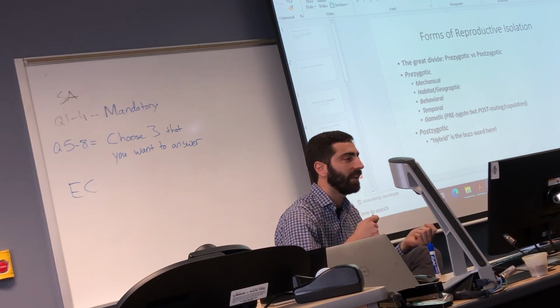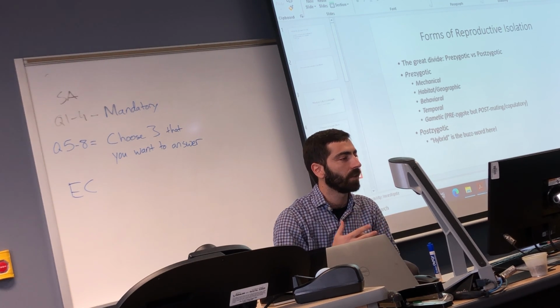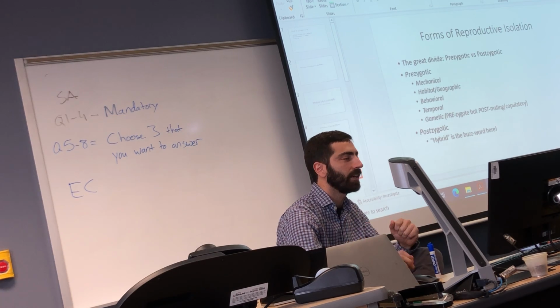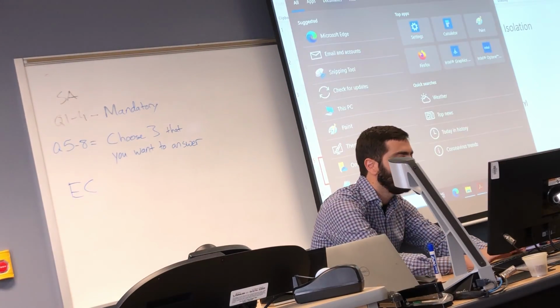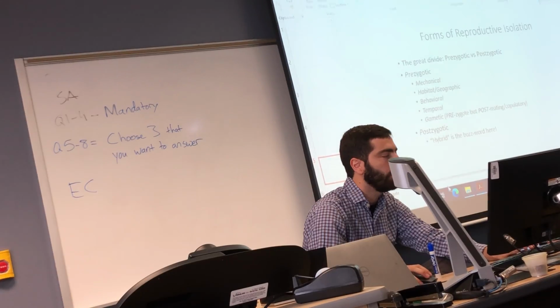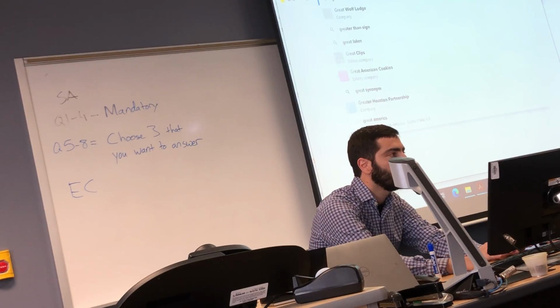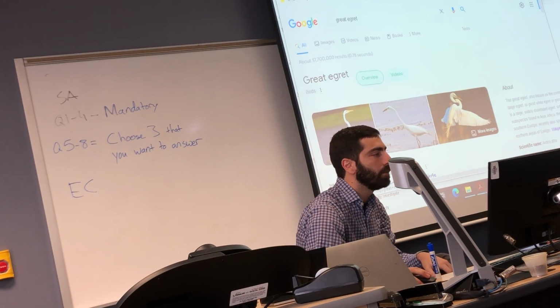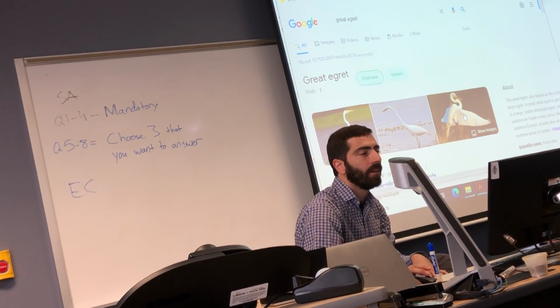The example I like to give is actually regarding the great egret, egrets in general, but the great egret kind of got it worse. You maybe don't know that species off the top of your head, but if you just Google it, you'll probably have seen it even along the bayou here, these great egrets. I've seen one of those.